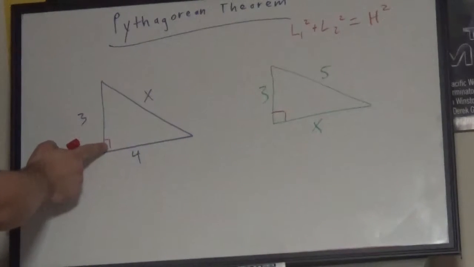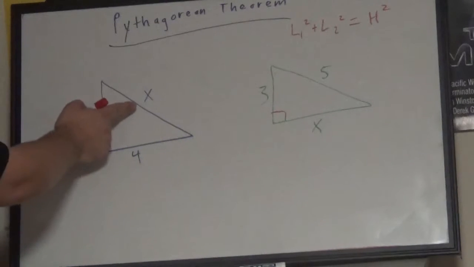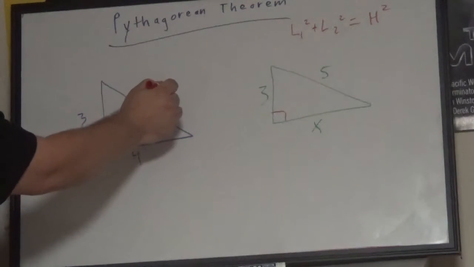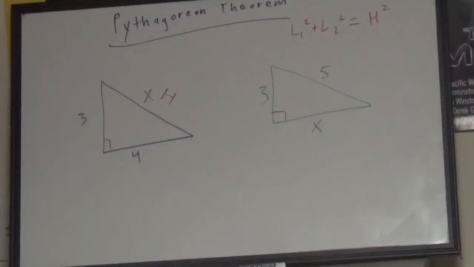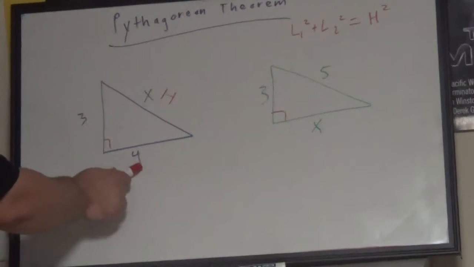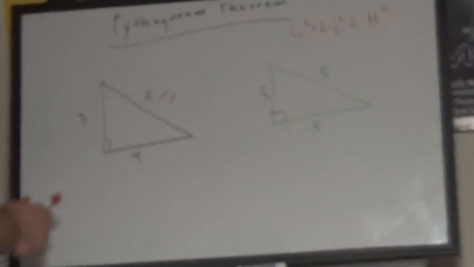So again, the side not touching the right angle, that's opposite the right angle, that is our hypotenuse. I always favor labeling that. And then I want to know, what side are we missing? What are we solving for? What are we trying to find? In this case, we have the two legs. We don't have the hypotenuse.